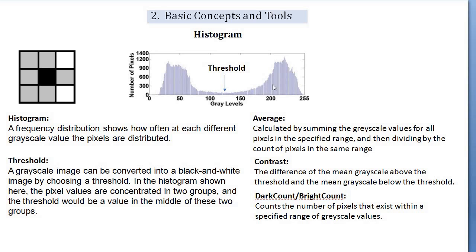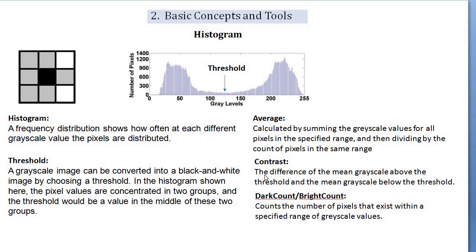Assume we have this brighter group and a darker group, and there is an average or a mean of this group, and an average of this darker group as well. Then the difference between the averages of the brighter group and the dark group is the contrast.